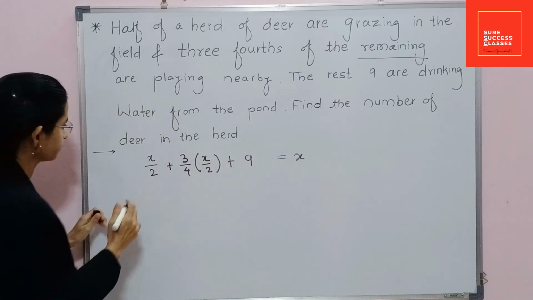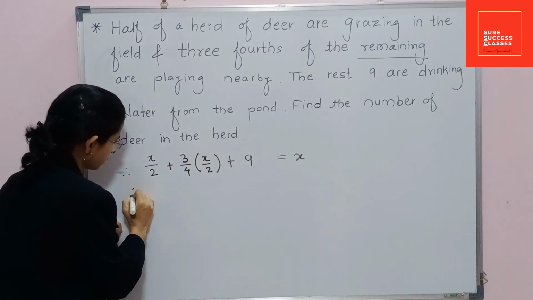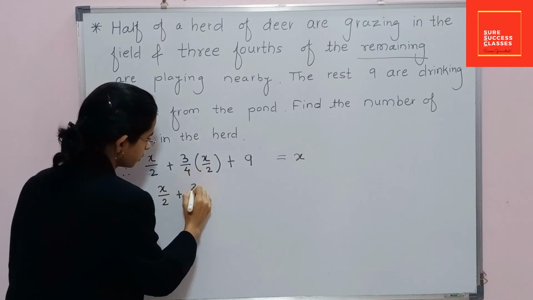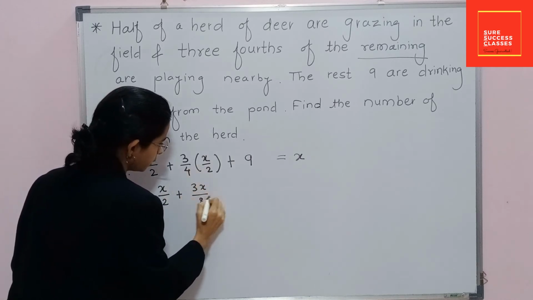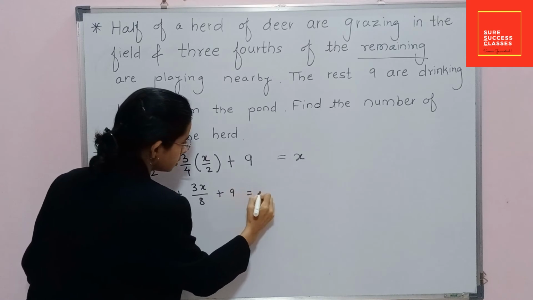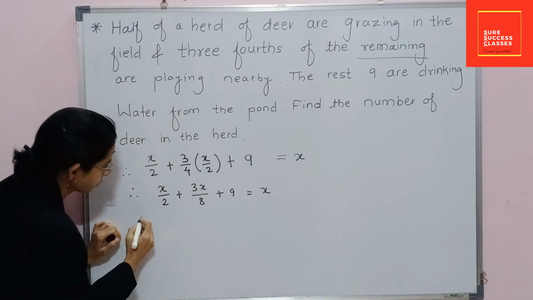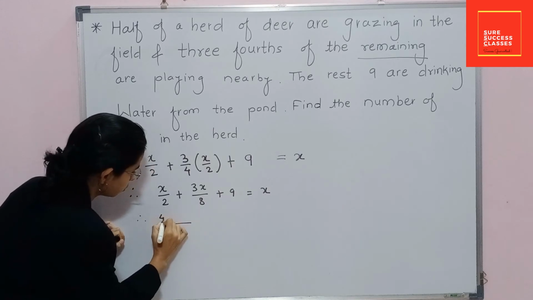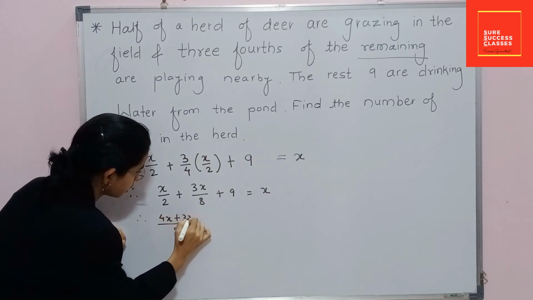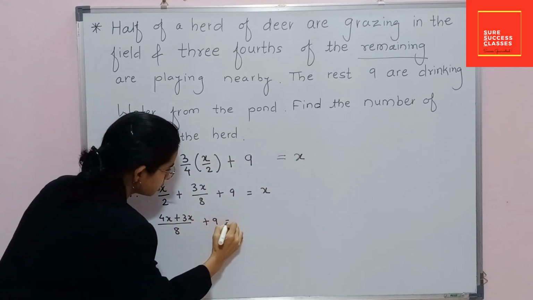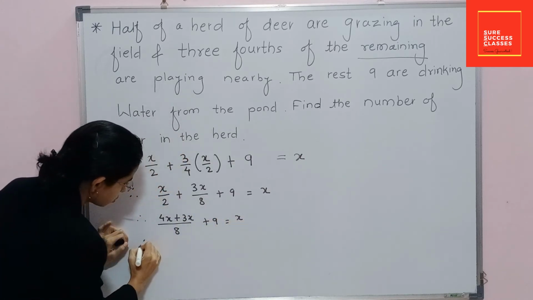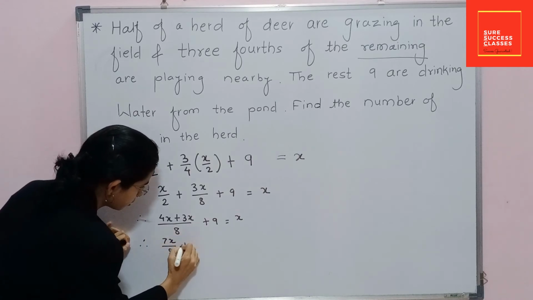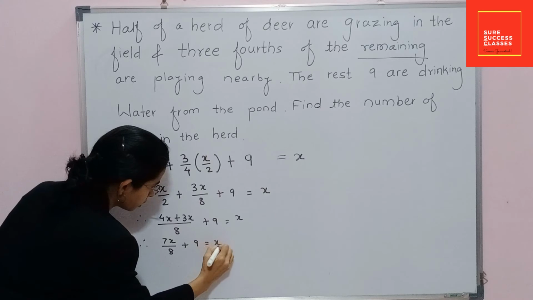We will solve it. x by 2 plus 3x by 8 plus 9 is equal to x. We will take again LCM. 4x plus 3x plus 9 is equal to x. So 7x by 8 plus 9 is equal to x.